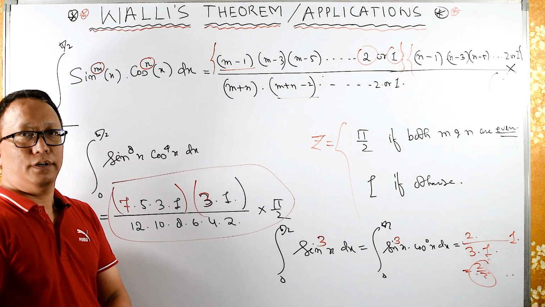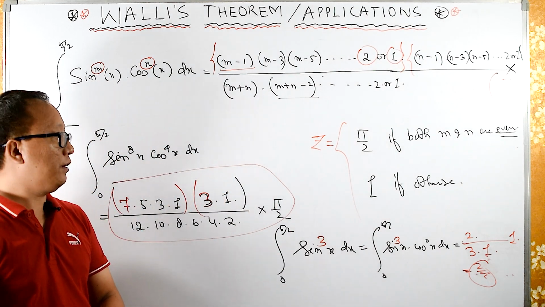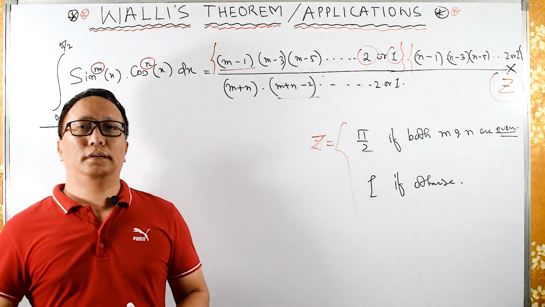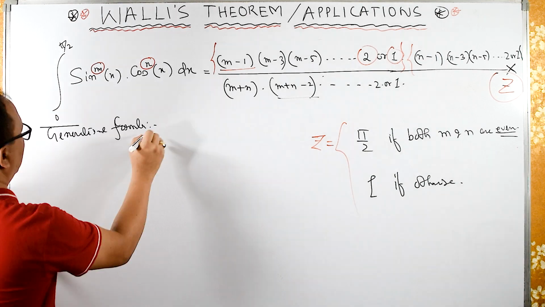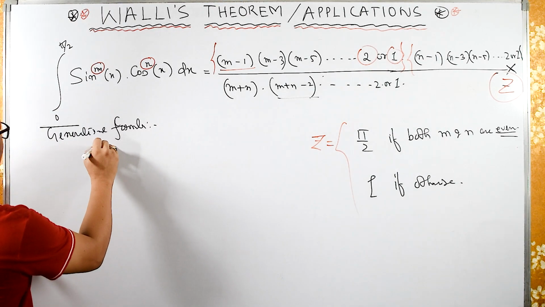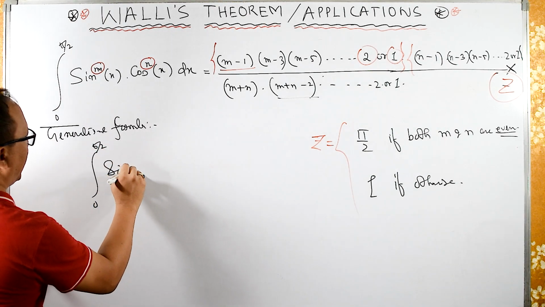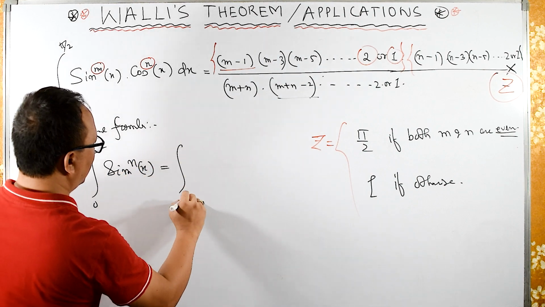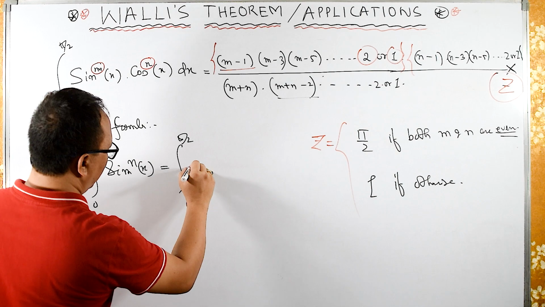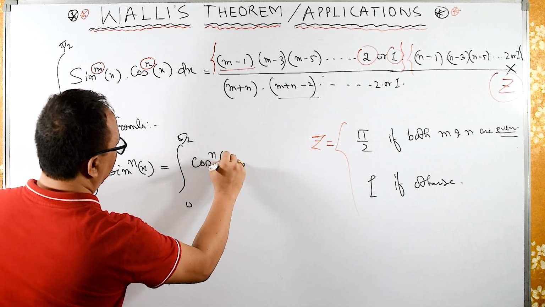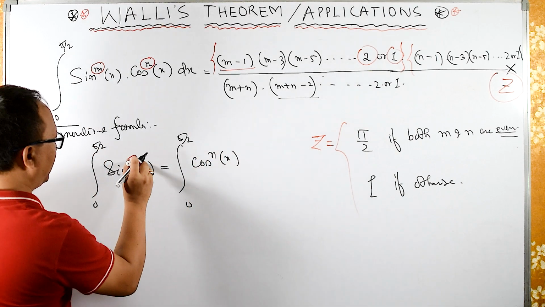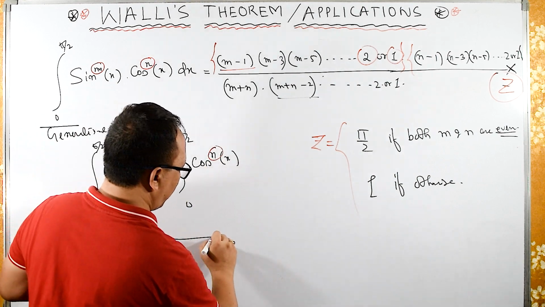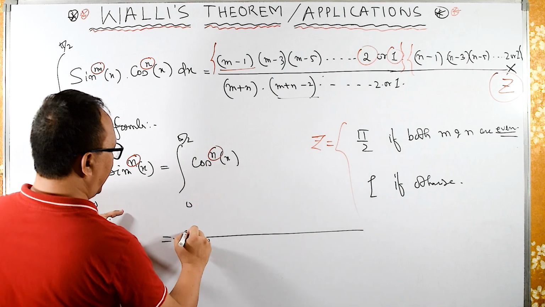I will give a generalized form for only sine raised to nx as well as cos raised to nx. If it is from 0 to pi by 2 and you have only sine of nx, or if you have only cos of nx, this equals: in the denominator will be n.